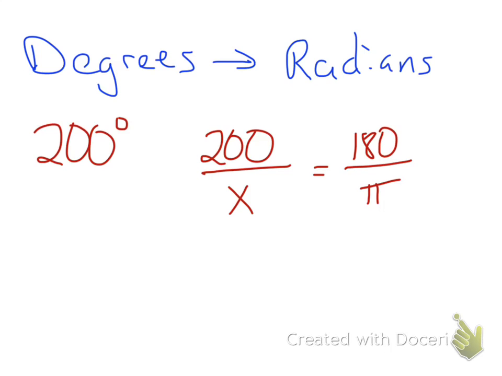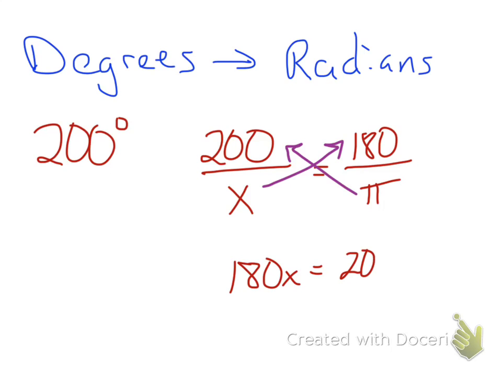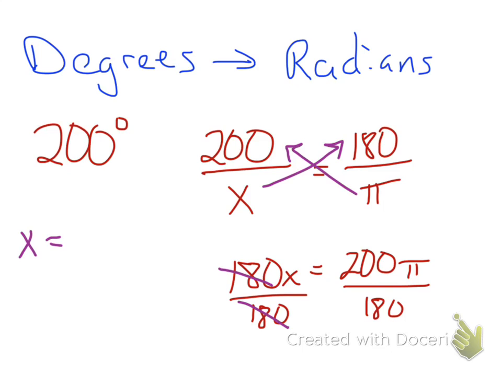Now when I cross multiply, I'm going to end up getting 180x equals 200 pi, and to solve for x I'm going to divide by 180. The 180 here cancels out and becomes 1, and now I have x equals 200 pi divided by 180.